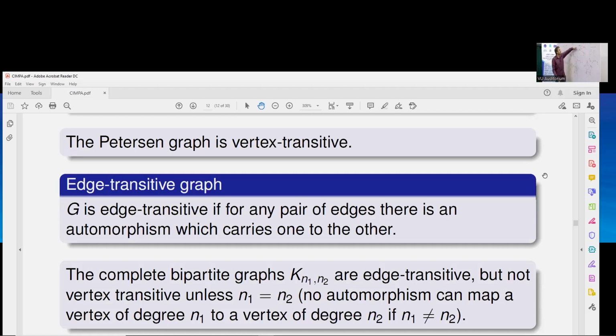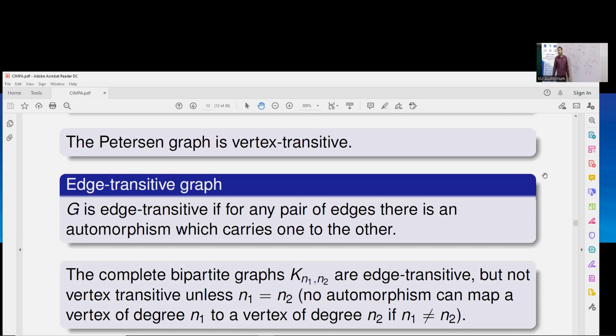If you just switch U1 and U2, then U1 is adjacent to V1, V2, V3, and it still will be the same graph, because U2 will also be adjacent to V1, V2, V3. So you can switch U1 and U2, but can you put this vertex to this place?